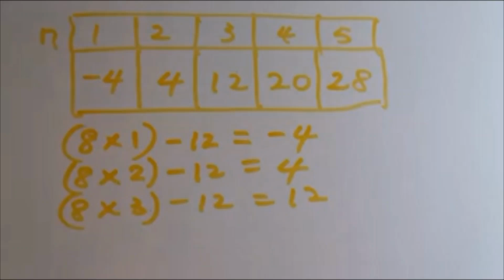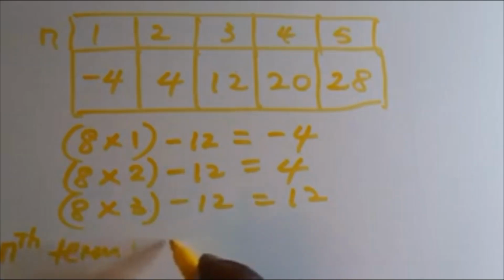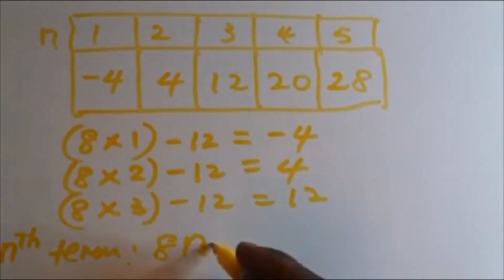So we've multiplied 8 by the position, so the nth term here is 8 times the position, which is n, and then we subtracted 12, or added -12 to it.